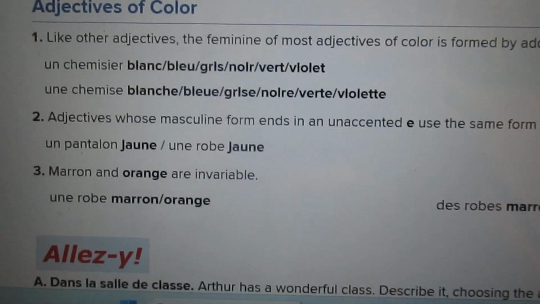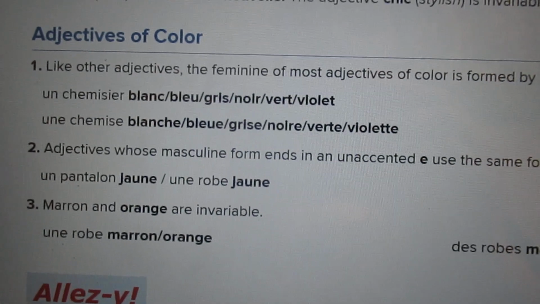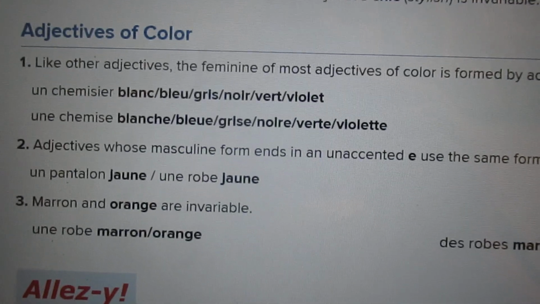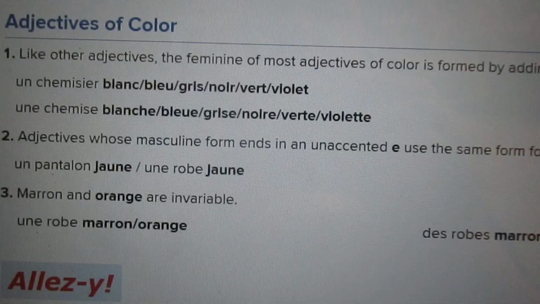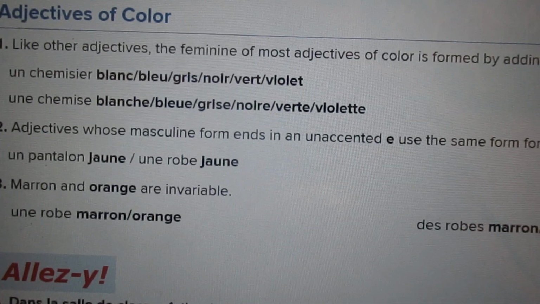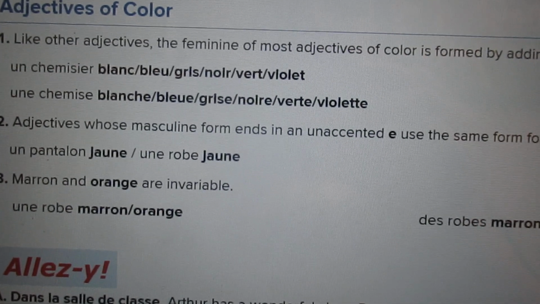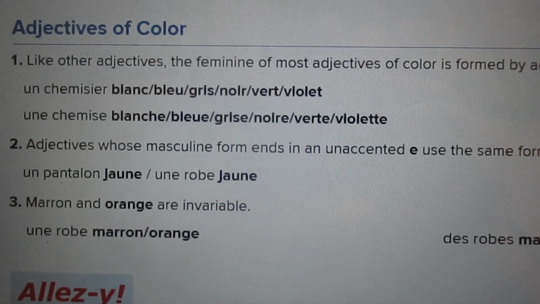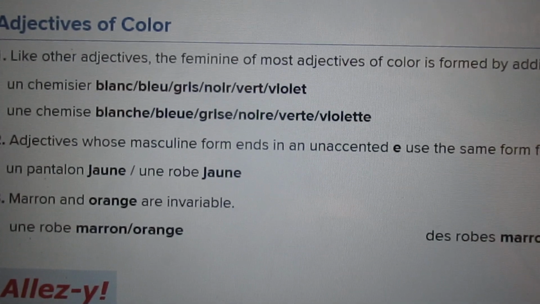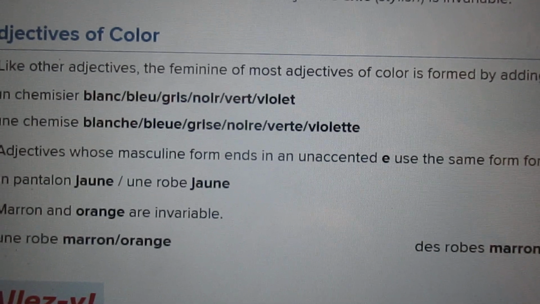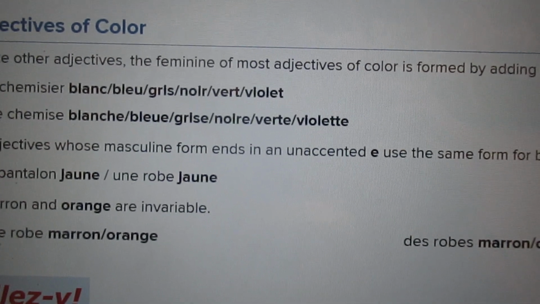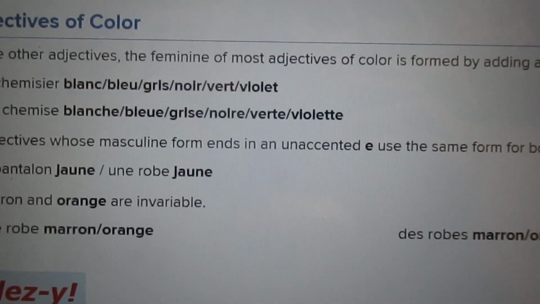But if we switch and we're talking about a feminine object, une chemise, our blanc becomes blanche. Our bleu is bleue, with an E added. Our gris is grise, with an E added. We have our noir, we add that E again, noire. We have vert, becomes verte, with an E. And then violet, we have violette, the T doubles, and we add an E.